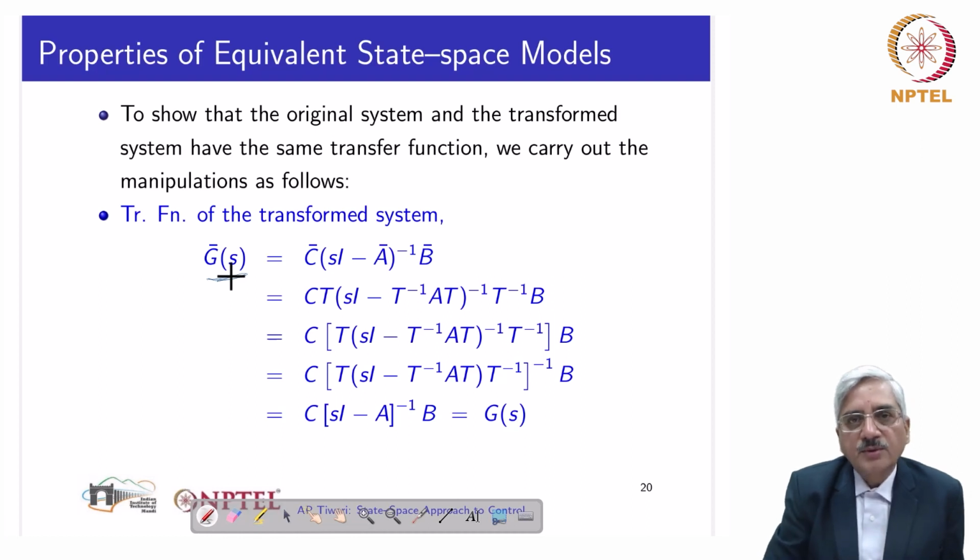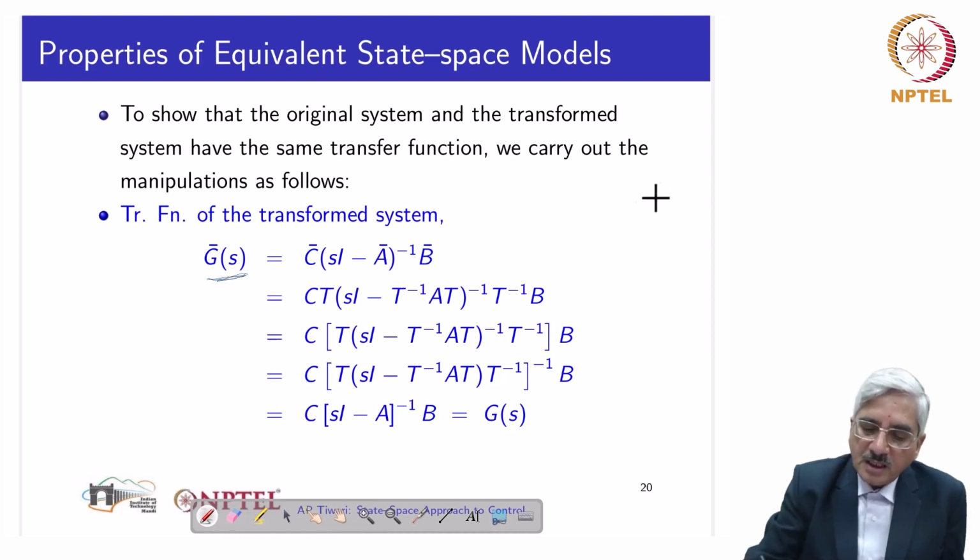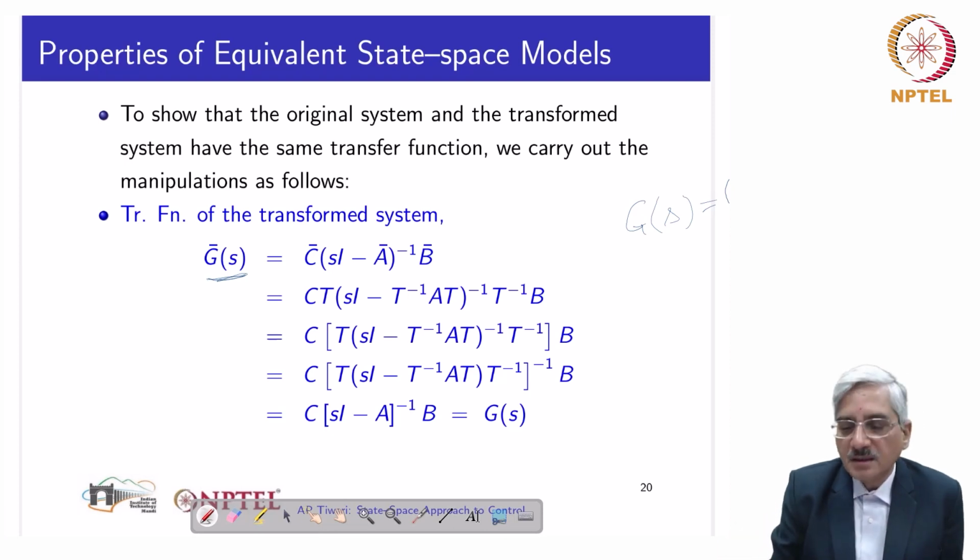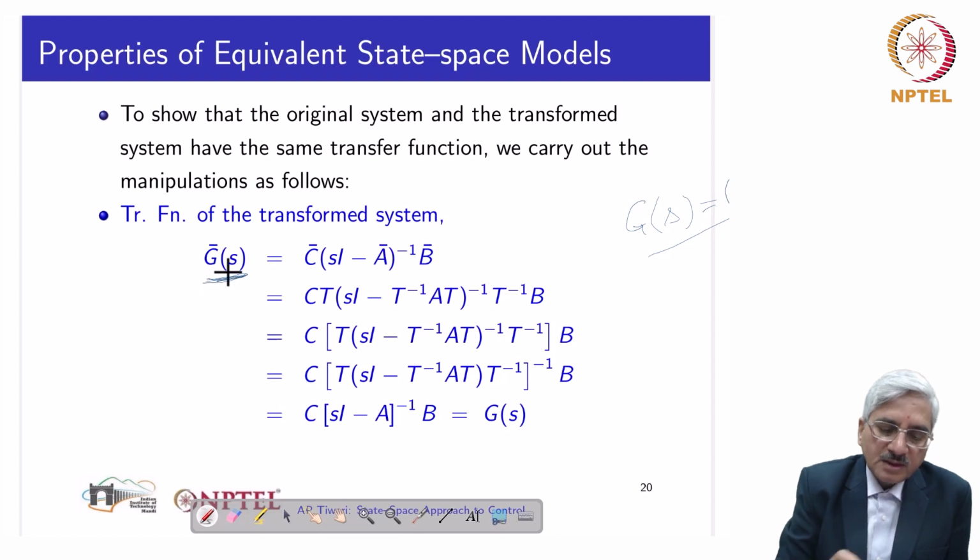In one of the earlier lectures, when I introduced the transfer function, we derived that the transfer function of a system G(s) is C times sI minus A inverse times B plus D. Here we have not considered D, so we have the transfer function G(s) as C times the inverse of sI minus A, times B. Because we are talking about the transformed system, where the system matrix is A bar, the input matrix is B bar and the output matrix is C bar, we have the transfer function of the transformed system G bar as given by this expression.